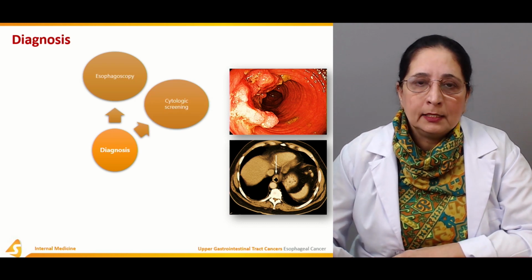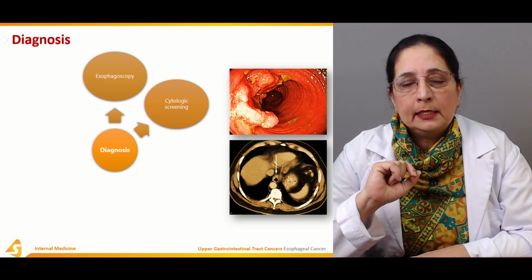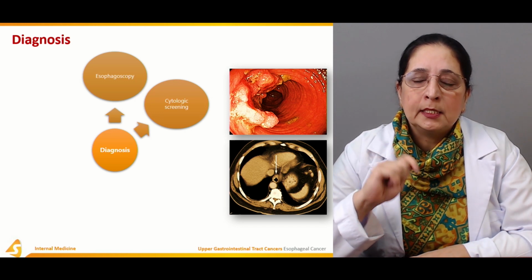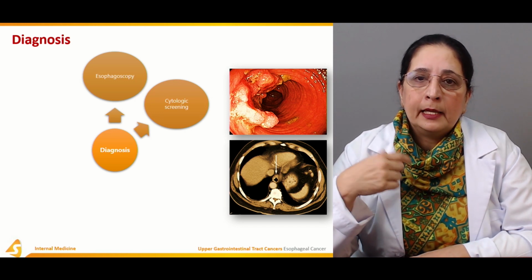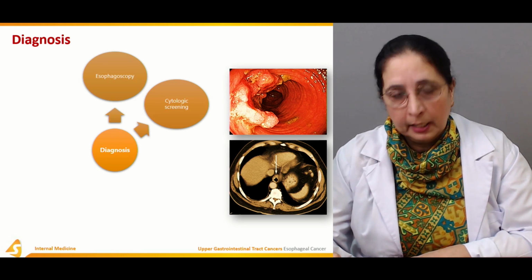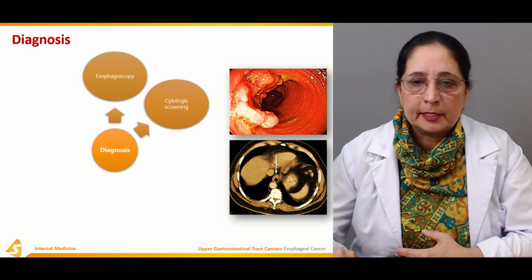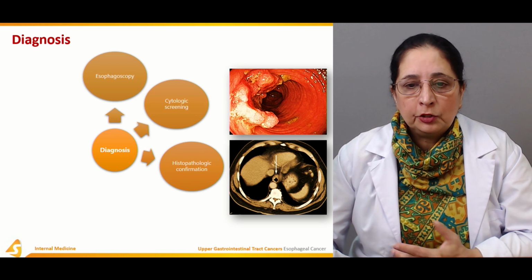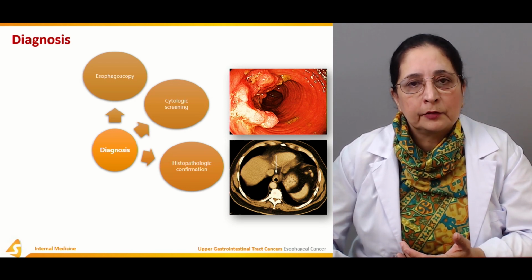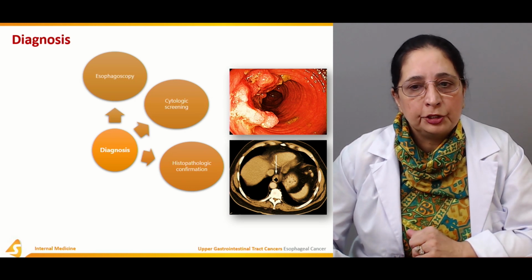Cytologic screening: once esophagoscopy is performed, the tissue is removed, biopsy is done, and then cytological screening is performed to find out if cancerous cells are present or not. Histopathologic confirmation is done after cytological screening and biopsy.